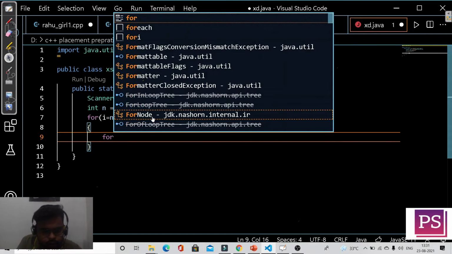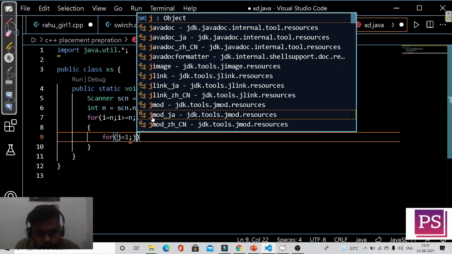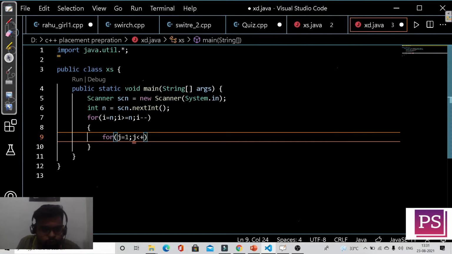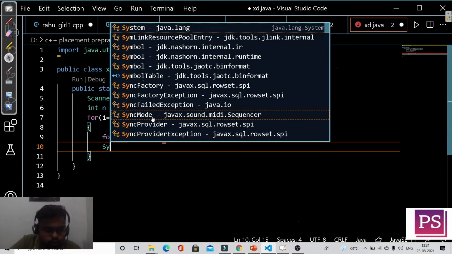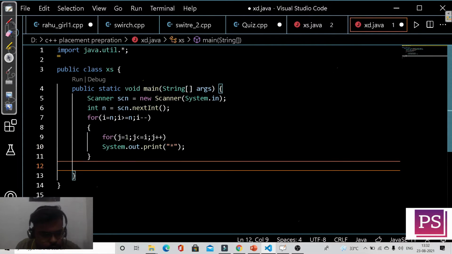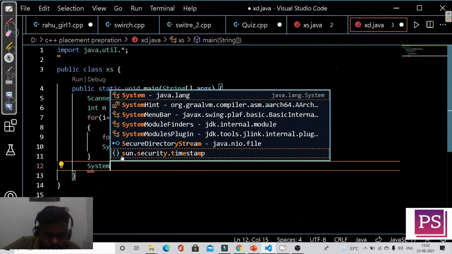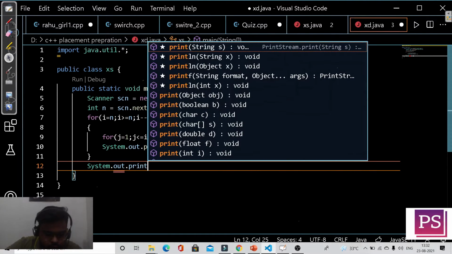Then for j equals 1, j less than or equal to i, j plus plus, System.out.print star. Then System.out.println.